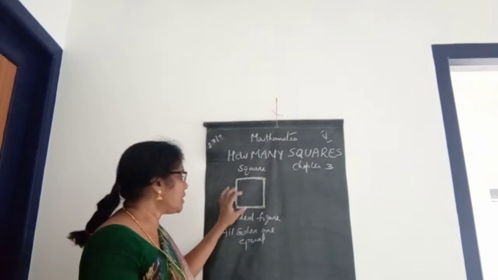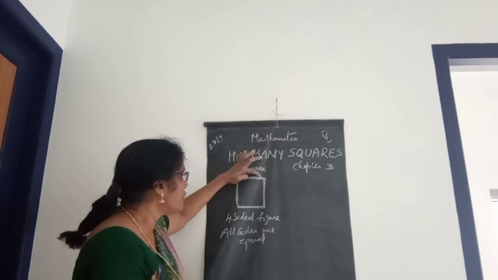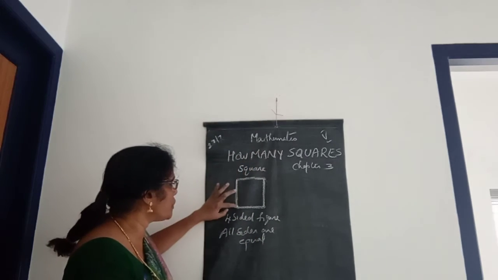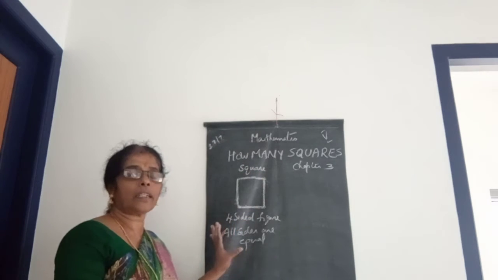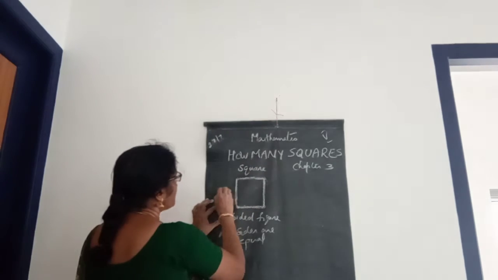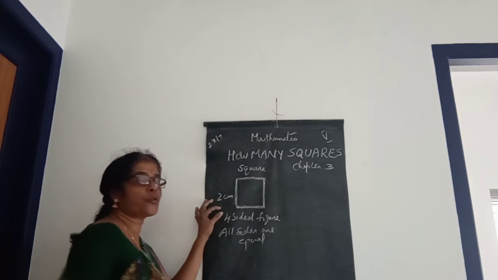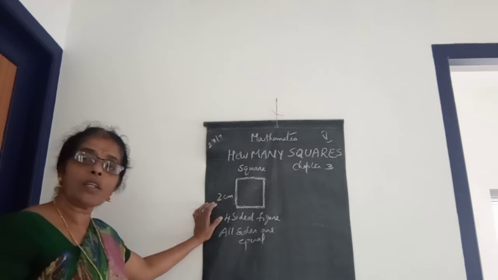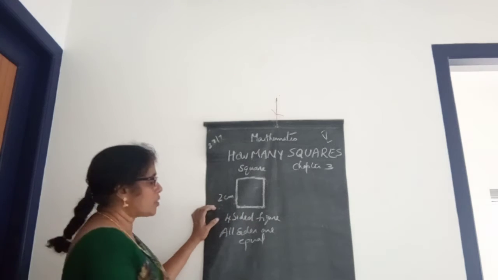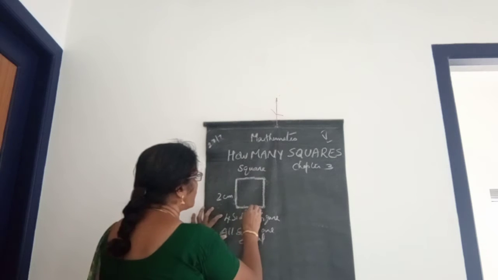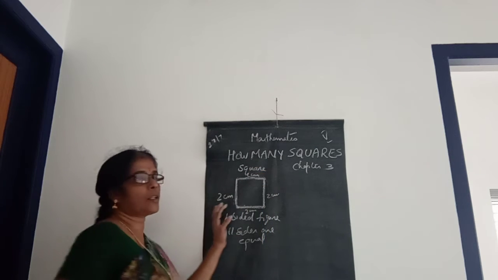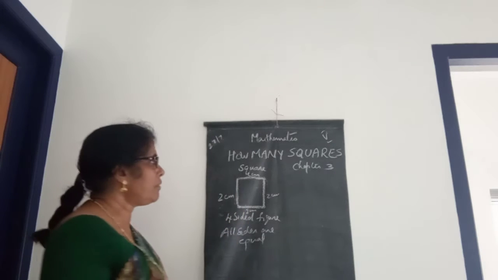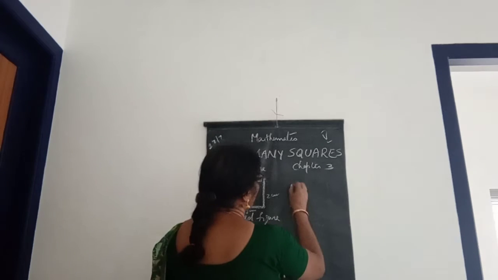Four sides are 1, 2, 3, 4, and these four sides are equal. If one side is 2 centimeter, that means all sides are 2 centimeter. This side also 2 centimeter, here 2 centimeter, and here 2 centimeter. All sides are equal. Then we can take the next.